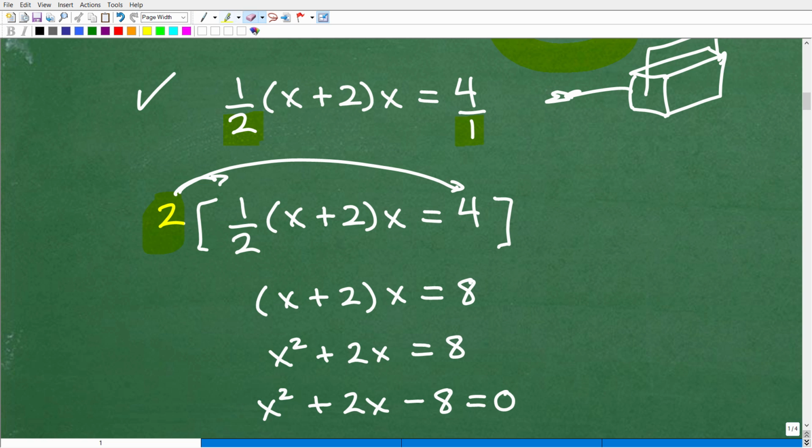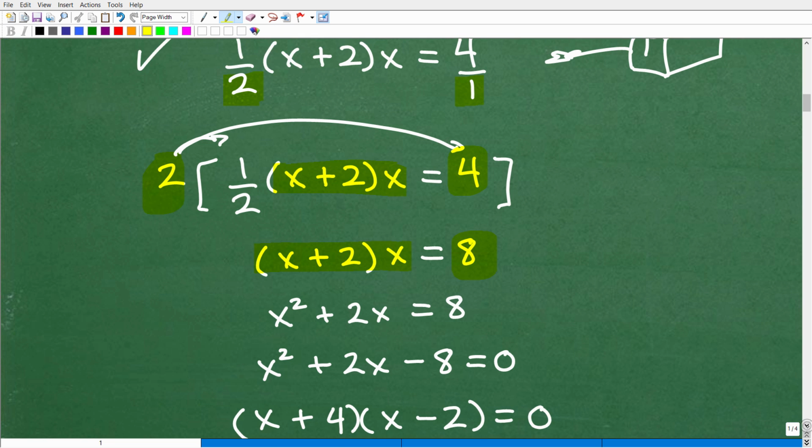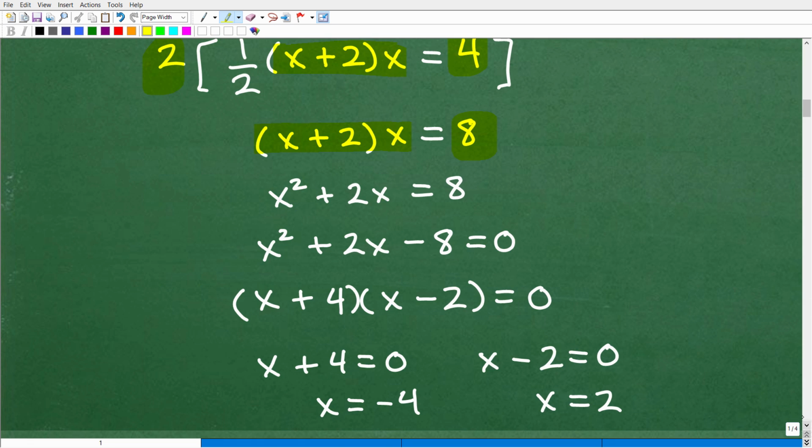So that leaves me with (x + 2) times x. This part right here. And then 2 times 4 is 8. If you understand that, then we're kind of off to the races. Hopefully you recognize that this is what we call a quadratic equation. So you're going to need to know how to solve those.